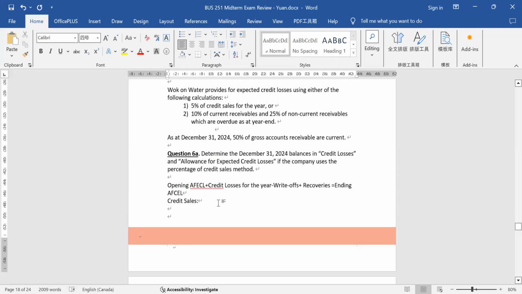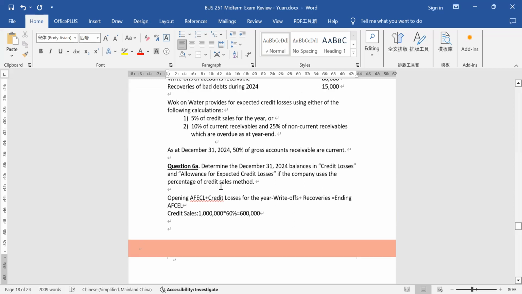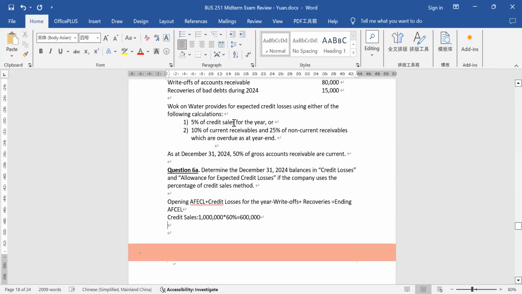So the credit sales will be 1 million times 60%, and then you get 600 thousand. And it said 5% of credit sales for the year will be credit losses.